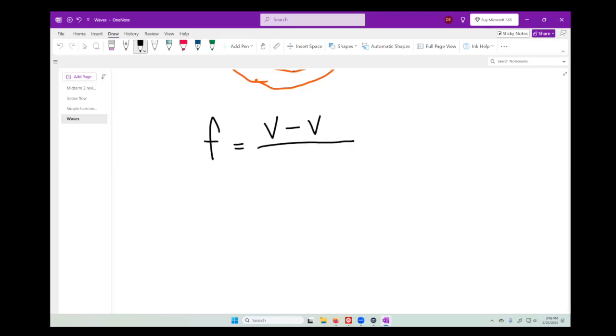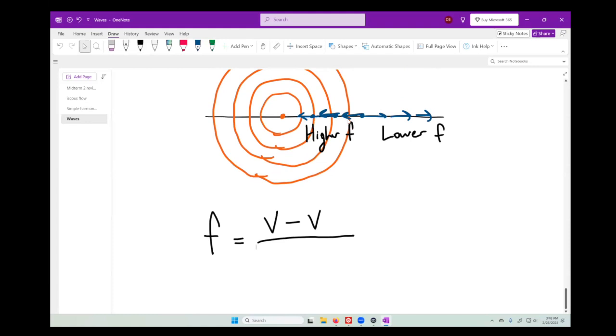What is it? Hold on. Okay. Can never remember which one goes on top and which one goes on the bottom.